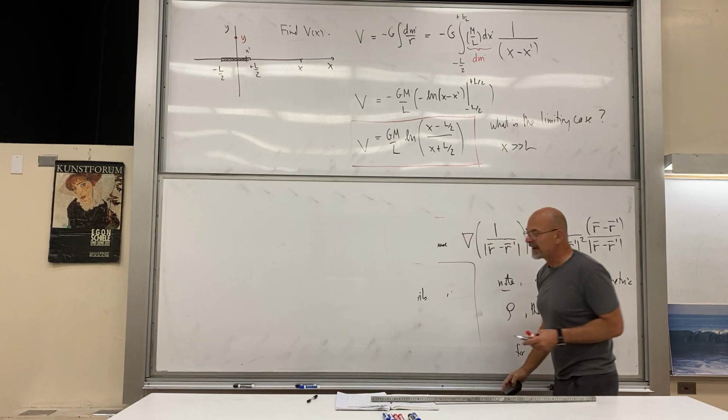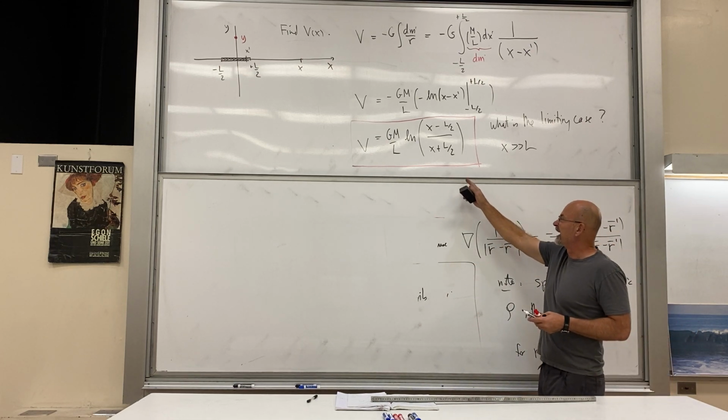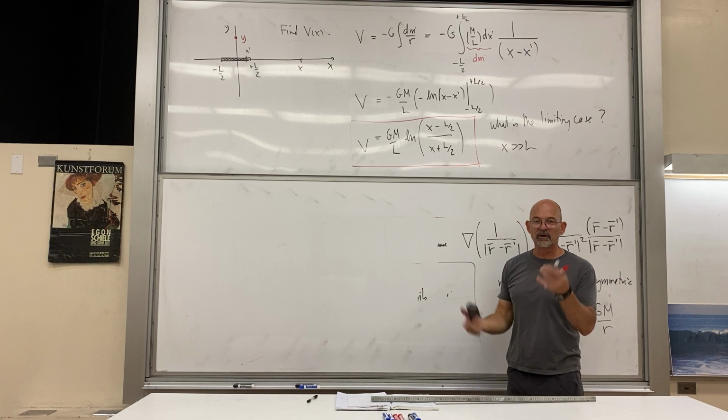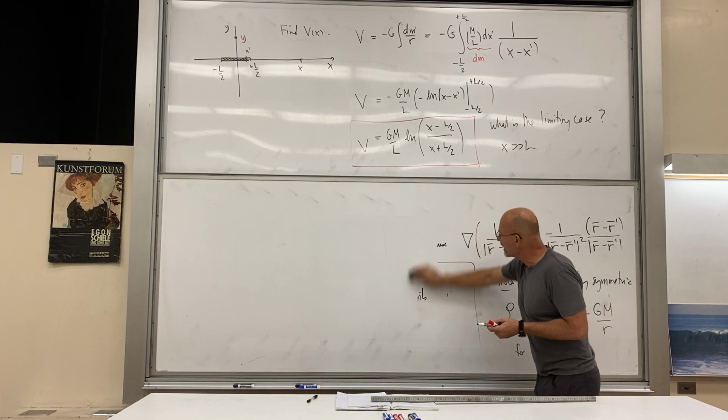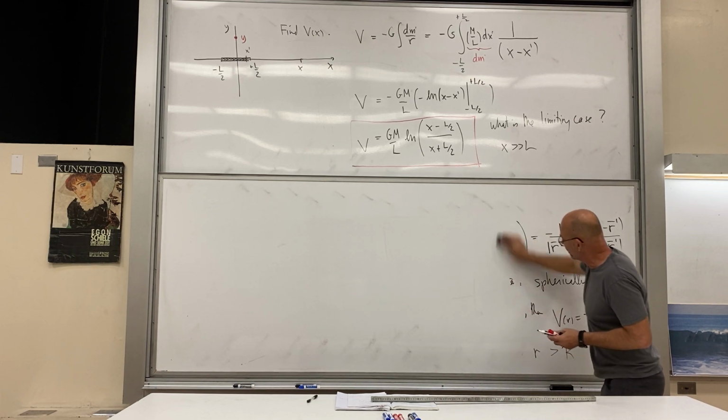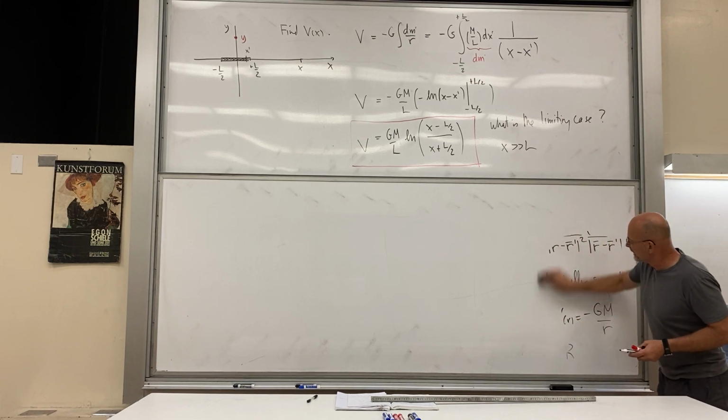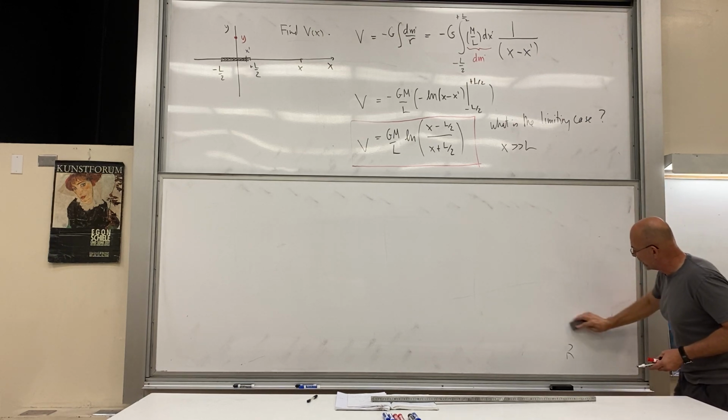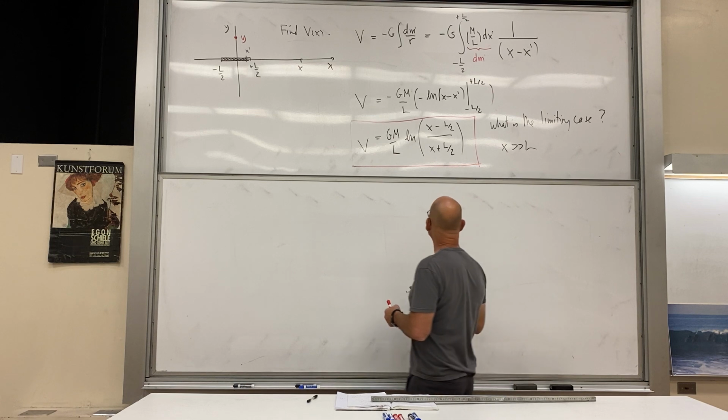But we're not used to expanding things in a Taylor series for large x, right? We're used to expanding for small x. I'll show a little trick here that you guys are going to like. So we have to do an expansion.